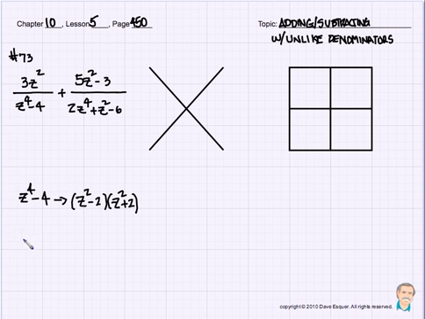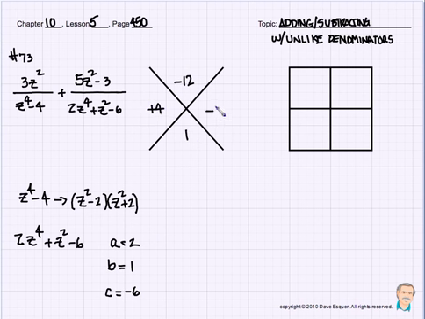Now let's take a look at 2z to the fourth plus z squared minus 6. Well, that's going to give us an a is equal to 2, b is equal to 1, and ac is equal to minus 6. So let's put that up here. We have a minus 12, we have a plus 1, and I guess our factors should be a 4 and a negative 3.